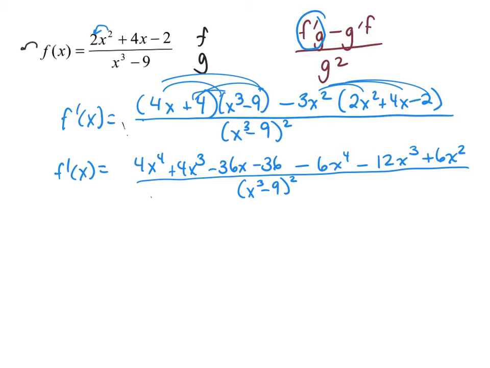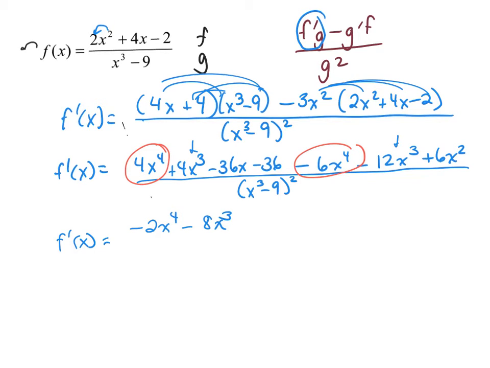And you notice I'm not really doing anything with the bottom, just leaving it as whatever squared. And that's typically what we do, because what we'll use these for is we are pretty okay if that's factored on the bottom. So I'm not going to mess with it too much. So these are both x to the fourth. So that's minus 2x to the fourth. Here's an x cubed, here's an x cubed.